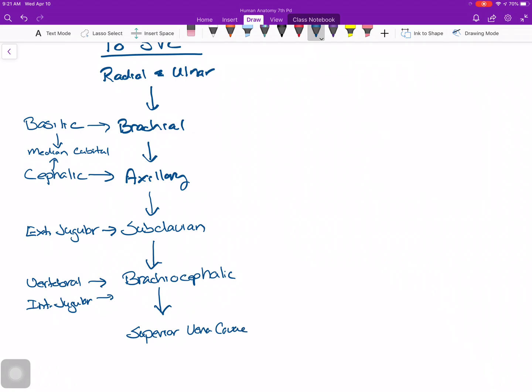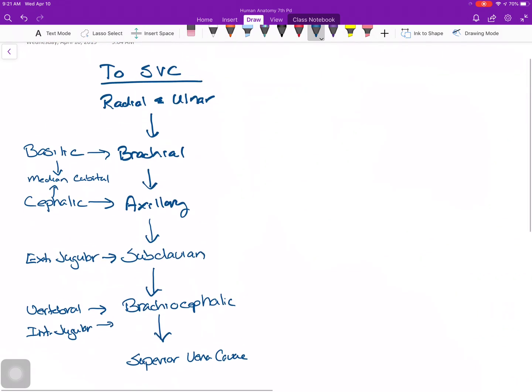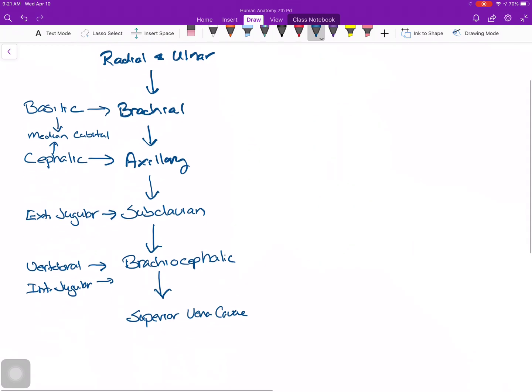Now, this is from the right side and the left side. The path of blood from each side is going to form into the brachiocephalic. So, right and left brachiocephalic empty into the superior vena cava.